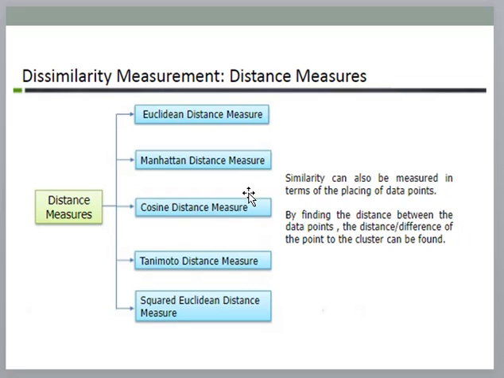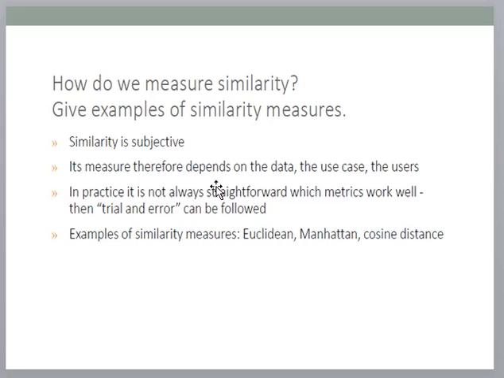So these three are the most commonly used distance measures. Sometimes people also use the Tanimoto distance measure, but this one and the squared Euclidean distance measure are not frequently used, as we have these three measures. So mainly we will be looking at these three distance measures in these lectures.